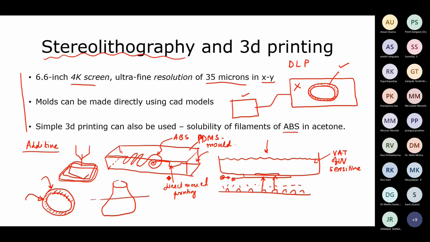So this is how you can also create prints with very high resolution with the help of a DLP printer. And DLP printers are now becoming more and more commonplace in consumer electronics as well. In both the cases, the molds can be simply made using CAD. You can use any CAD software.